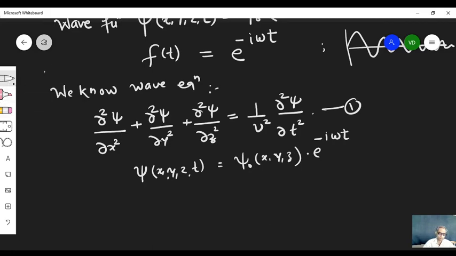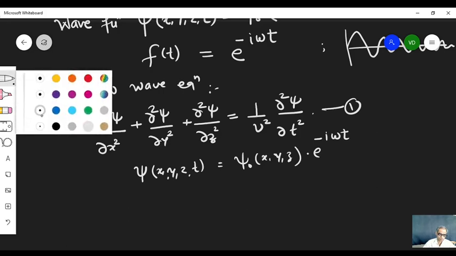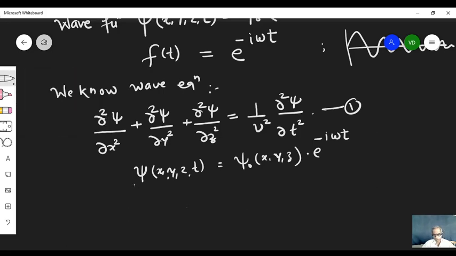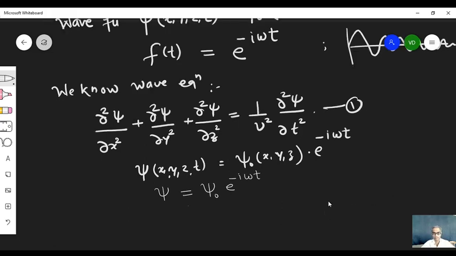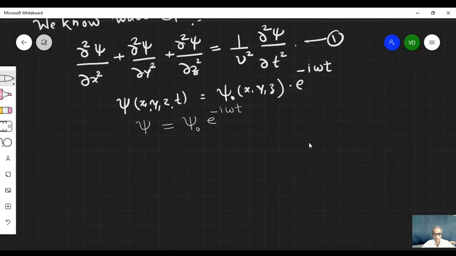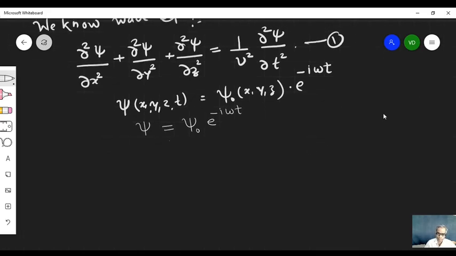So in short, I can write this as psi equal to psi 0 exponential minus i omega t, for simplicity. Now we know that psi is the function of x, y, z, t, whereas psi 0 is the function of x, y, z only, that is the space coordinate, and we have the separate function of time. Now from this equation, we try to find out the value of del 2 psi by del t square.